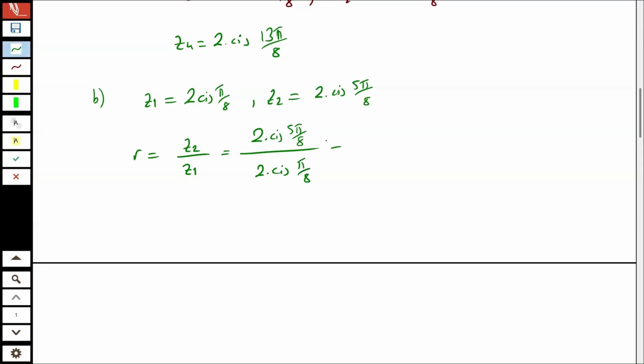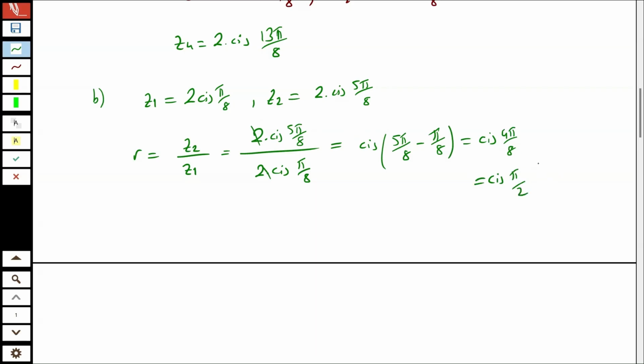From here, cancel 2, and this is cis of 5 pi over 8 minus pi over 8, cis 4 pi over 8, cis pi over 2.